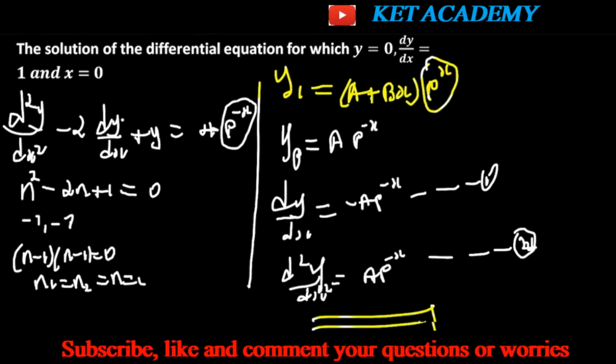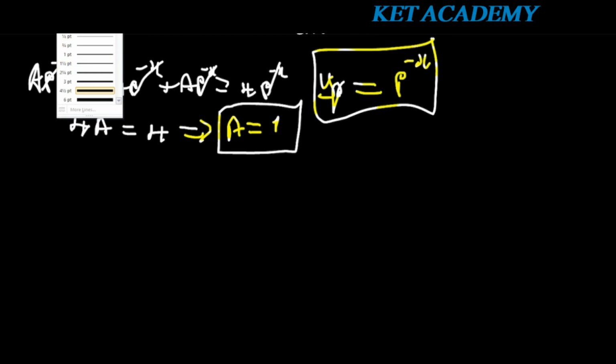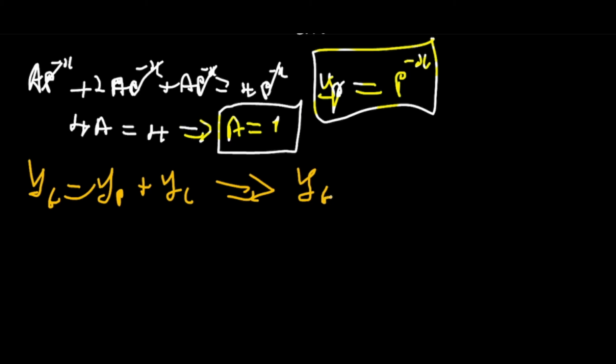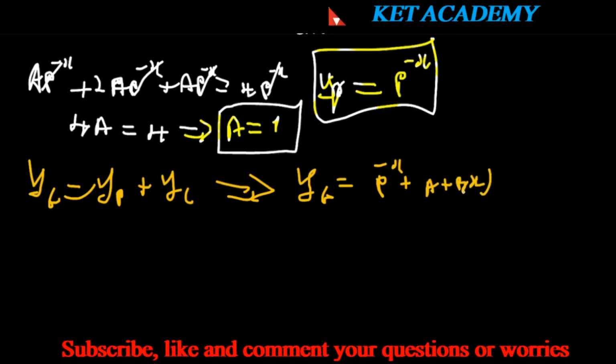Now to get our general solution, y general will be y particular plus y complementary. So this implies that our y general will simply be equal to our particular solution, e to the power minus x, plus our complementary solution, a plus bx e to the power x.